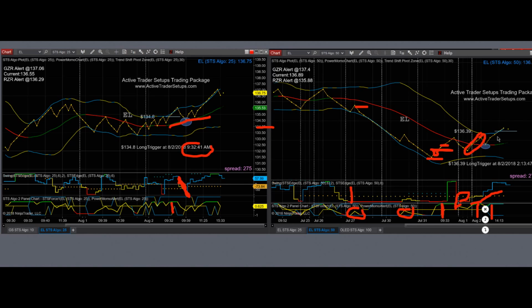And sometimes you'll have something maybe within a penny of changing that plot. The stock's not trying to come back down, and it continued on up. But right off of this, tied in with this chart on the left over here, and you just had your force, you can step in now. If you're using the dot to set your stop, this is a 50 algo chart, so your stop is 50 cents.